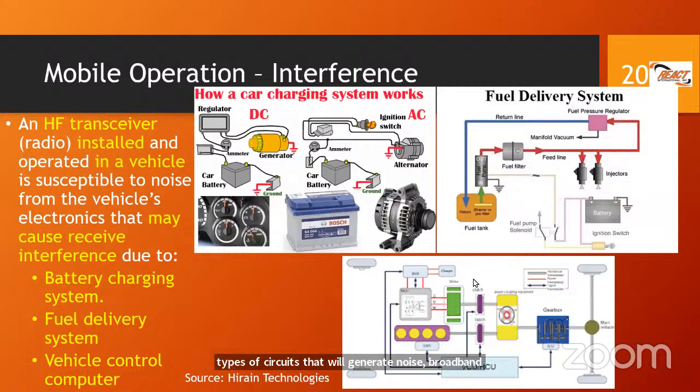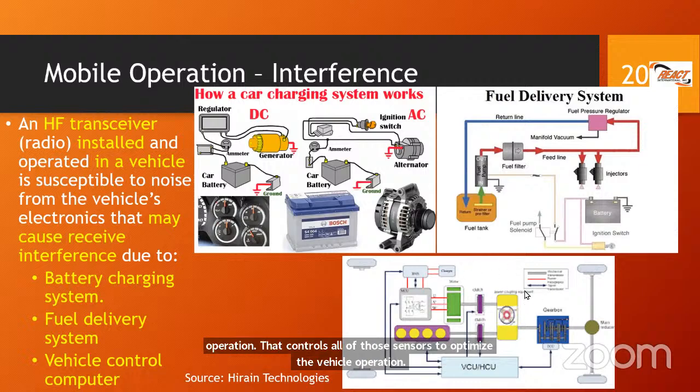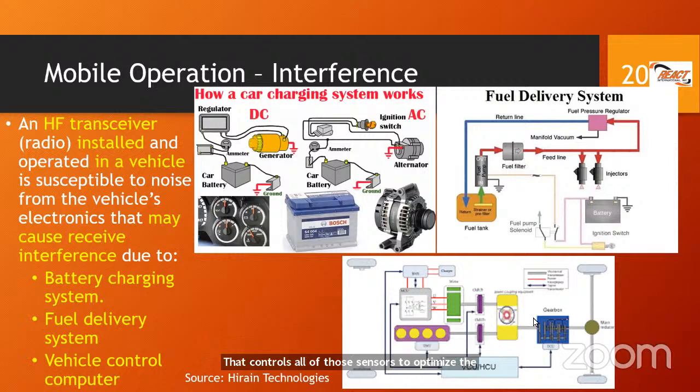Sometimes they're not well filtered. The vehicle control system, which people commonly call the brain box, controls all of those sensors to optimize fuel and vehicle operation. The circuitry associated with that computer can also be the source of noises when you are listening to a transmission. So these are the three sources of interference when you go mobile, especially on HF.